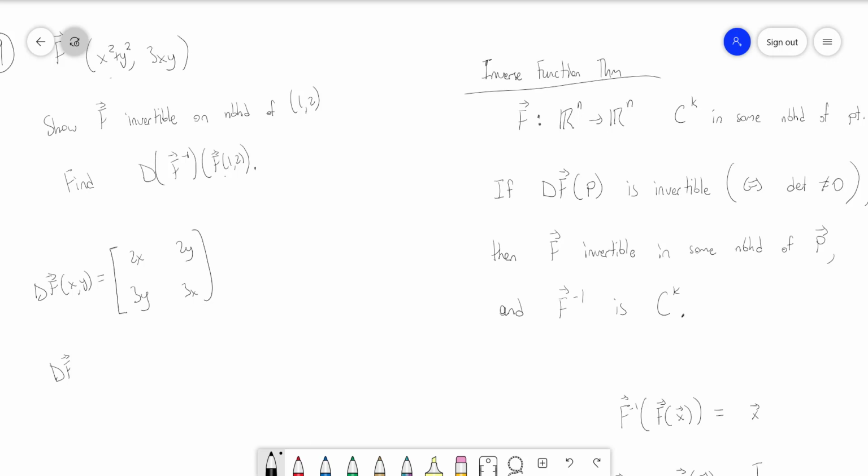That totally didn't work with the point 1, 1, but let's try the point 1, 2 instead. I'm altering the problem just to show you how it would have worked. If we plug in the point 1, 2 for x and y, this time we'll get 2, 3, but this would be 4 and 6. And now when we check the determinant, it's definitely not equal to 0 anymore.